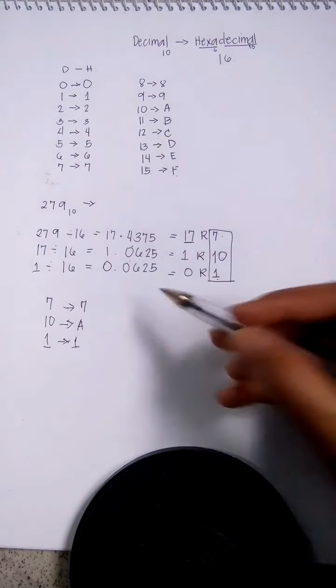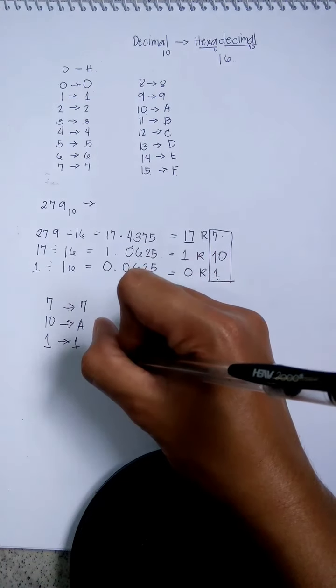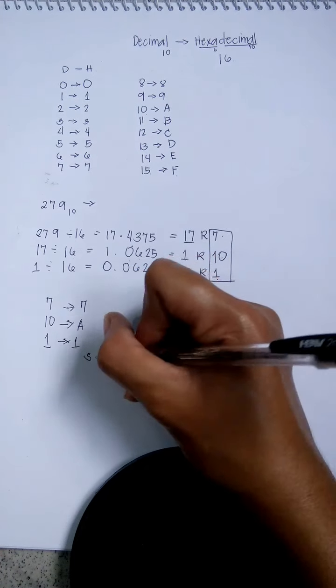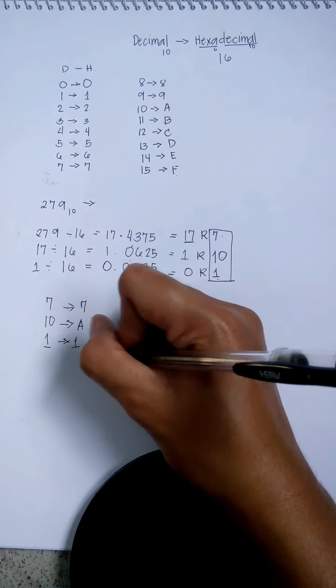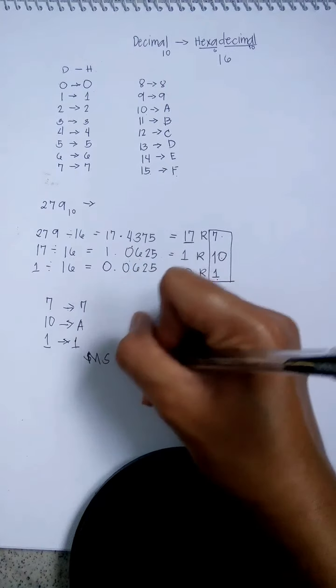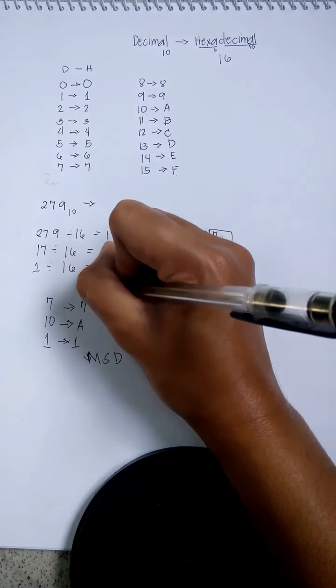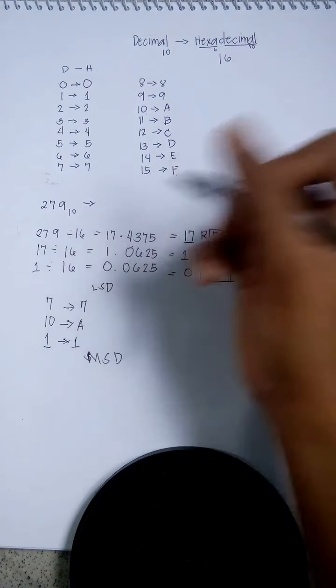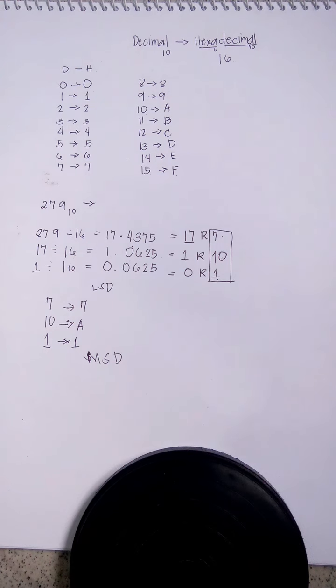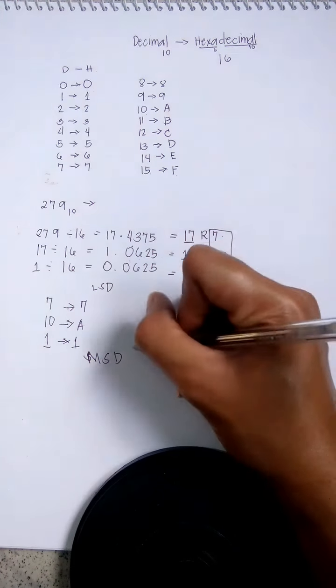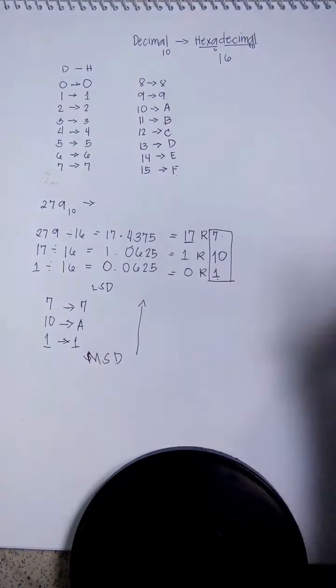Now 1 is the most significant digit. And 7 is the least significant digit. We need to write it in this order from the most to the least significant digit.